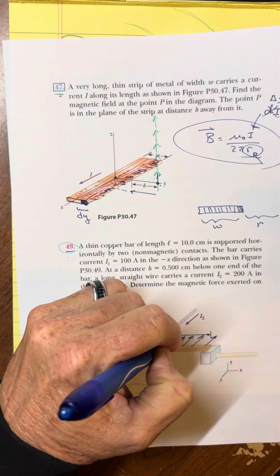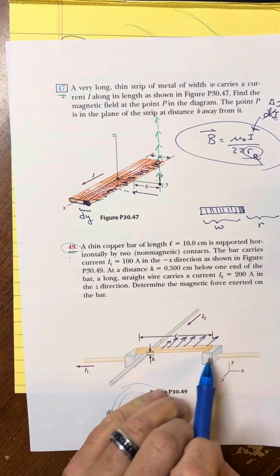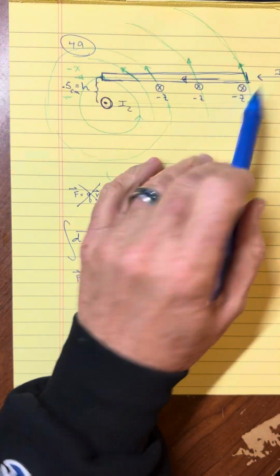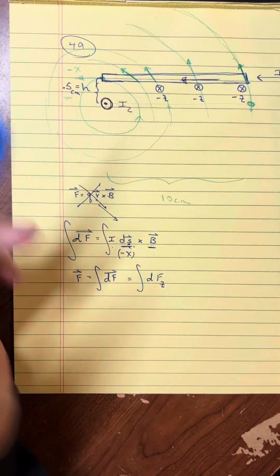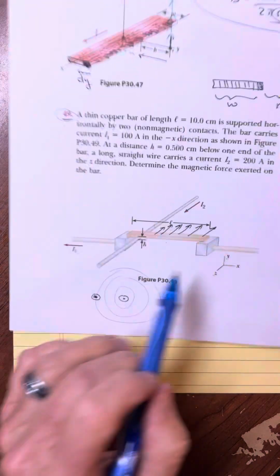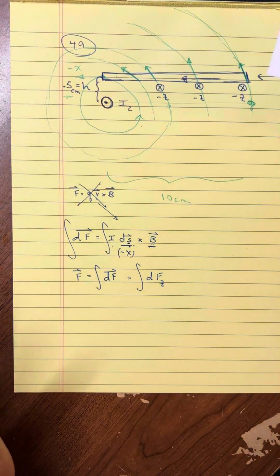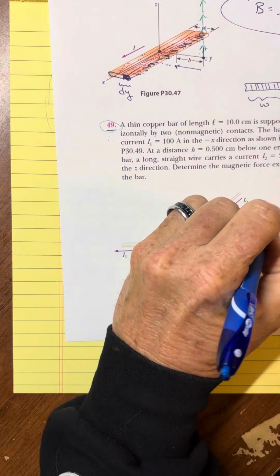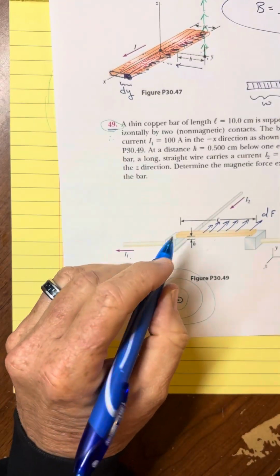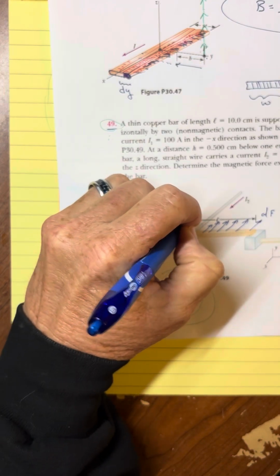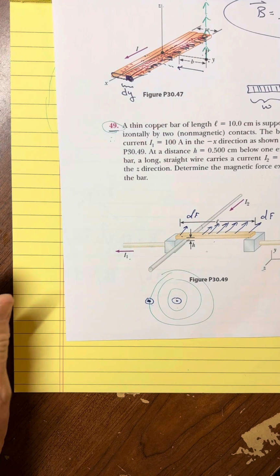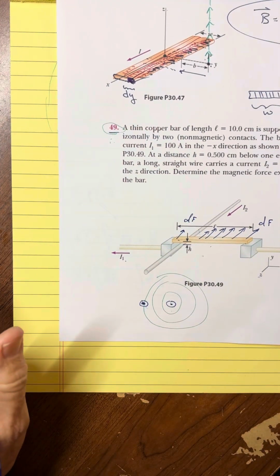It'll be interesting to see how they compare, because this far piece is getting closer to 90 degrees, and when the angle increases between these two, the force grows, but it also is getting further away. So it's going to be hard to say whether this little microscopic amount of force is bigger than some of these other ones. Maybe it gets bigger for a while and then smaller. Either way, we're going to add them all up and eventually get the total force.